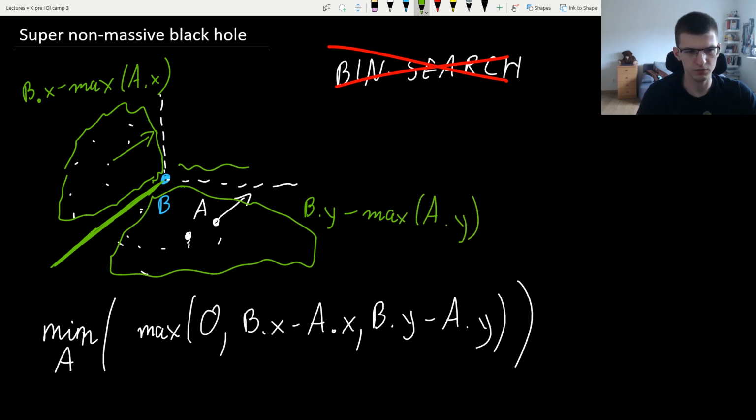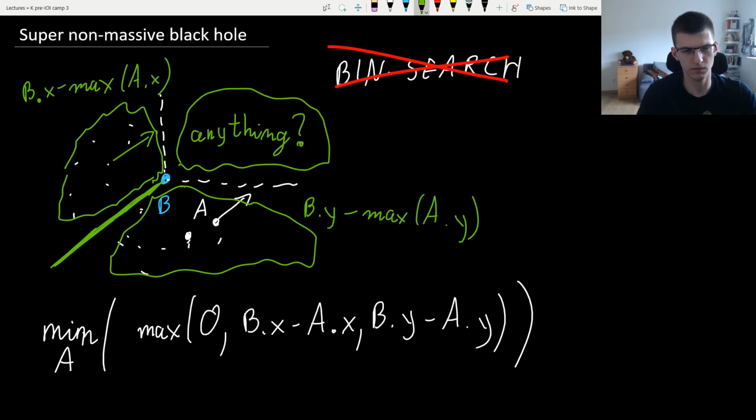And also check if something is here. Anything? If yes, then I'm done already. The left thing is the minimum value by which I can shift one of those points on the left to make B dominated. And here I don't have any ifs at all. I just want the rightmost point.